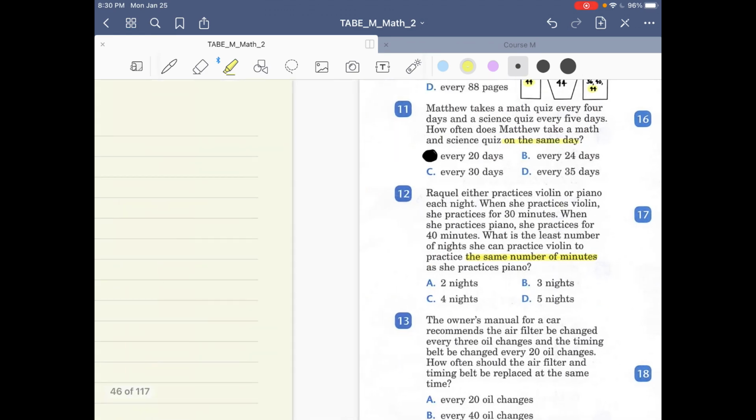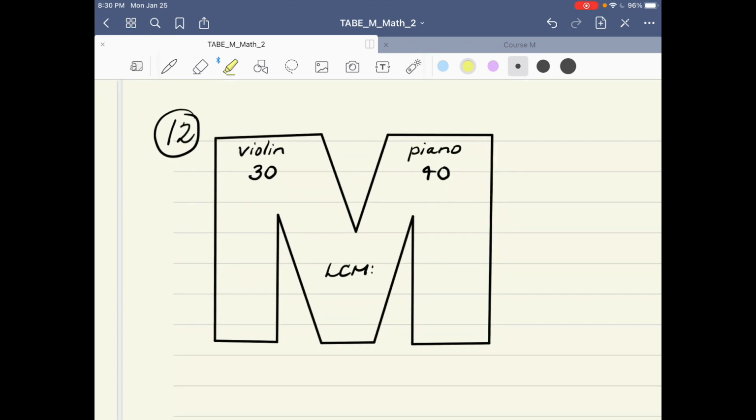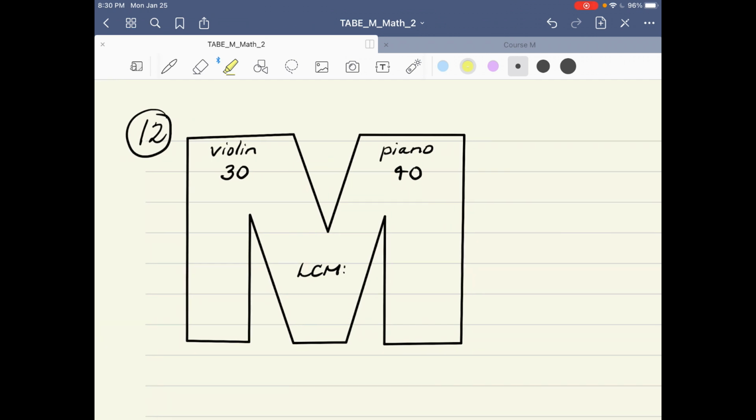So I need to go to my scrap paper. I've already set this one up. I put the violin on one side, the piano on one side, and we're looking for the point that they're the same. Now to list the multiples of 40, I'm just going to say 4, 8, 12, 16, 20, and then I'm going to put that 0 on there.